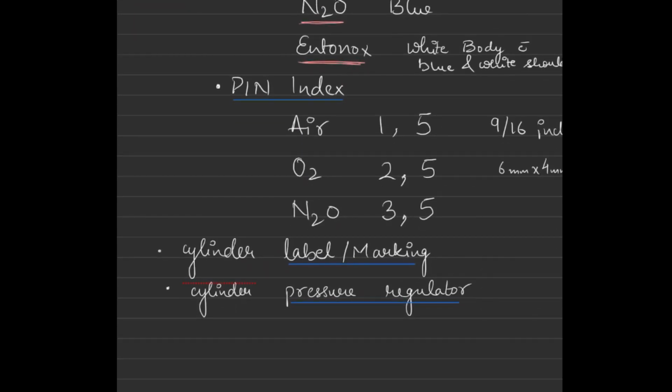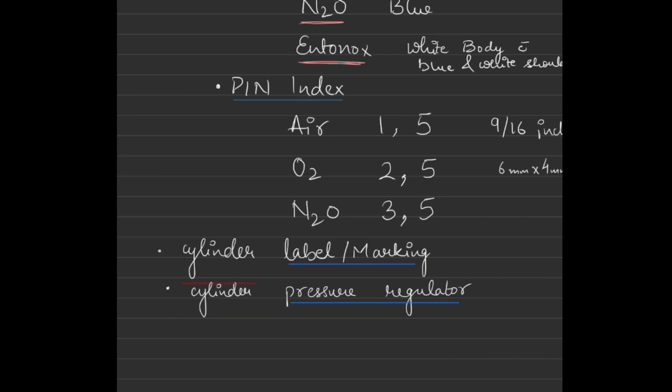Pin index is a safety feature in which there is positioning of pins. This is the port and pins are placed like this in an arc with a radius of around 9 by 16 inch. Suppose this is the port, this is the arc, this radius is 9 by 16 inch. Dimension of each pin is 6 mm by 4 mm, and only pin number 7 is slightly thicker.